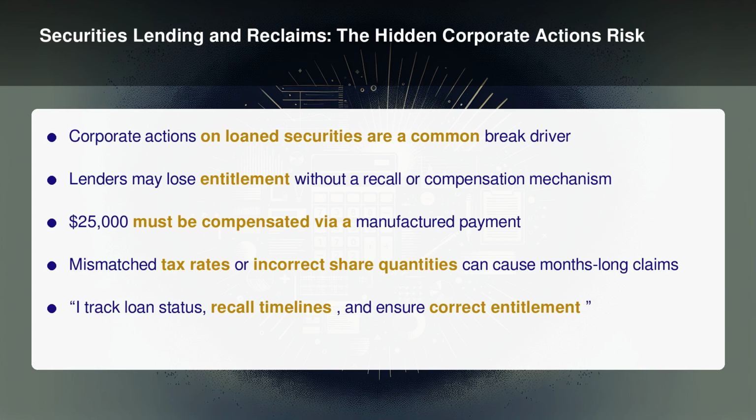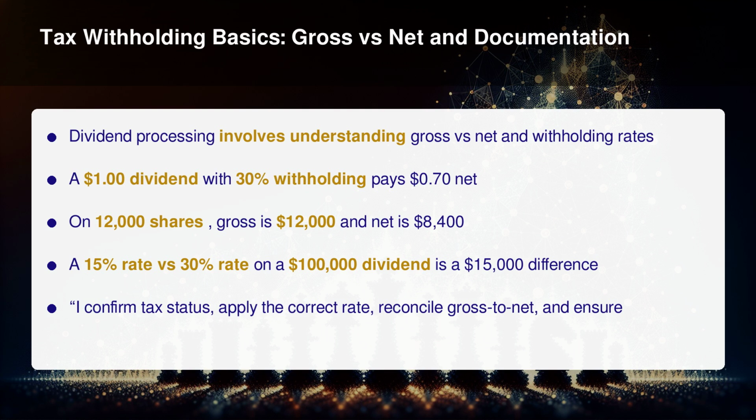Reclaims happen when the manufactured payment is wrong and the lender disputes it. To put this in perspective, mismatched tax rates or incorrect share quantities can cause months-long claims. A strong interview answer: I track loan status, recall timelines, and ensure the correct entitlement is applied to lender versus borrower.